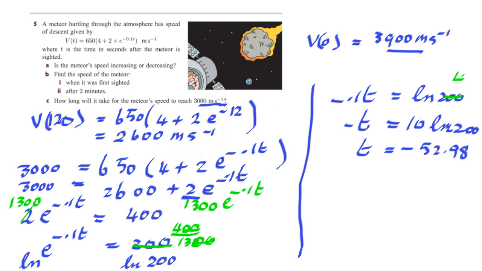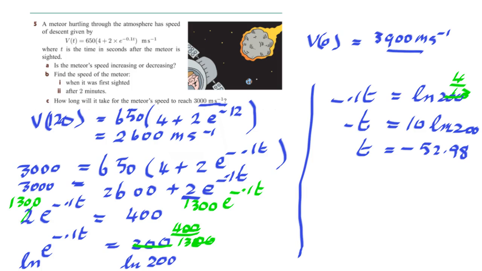So I'm just adjusting my working. If I multiply the 2 by 650, I get 1300. So then I've taken 2600 from 3000 and I get 400. So 1300 e to the minus 0.1 t equals 400.